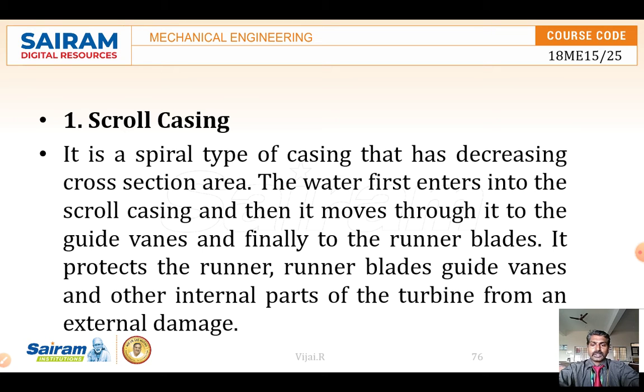The water enters the scroll casing, then moves through the guide vanes, and finally goes through the runner blades. Just like the Francis turbine, the water comes inside the spiral case, and through the guide vanes it goes to the runner blade and makes the blade rotate.